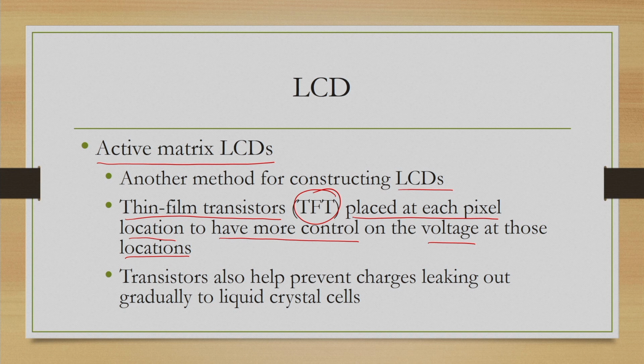So, they are more sophisticated, and these transistors also help prevent charges leaking out gradually to the liquid crystal cells. So, essentially in case of passive matrix, we do not have explicit control at the pixel locations, whereas in case of active matrix LCDs, we have transistors placed at those locations to have more control on the way light passes.